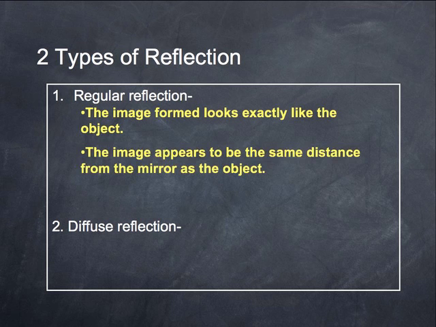If you're standing 2 feet away from the mirror, where does it look like you are in the mirror? 2 feet on the other side of the mirror. Yes. And the image is upright. A regular reflection provides an upright image. You're not flipped upside down.